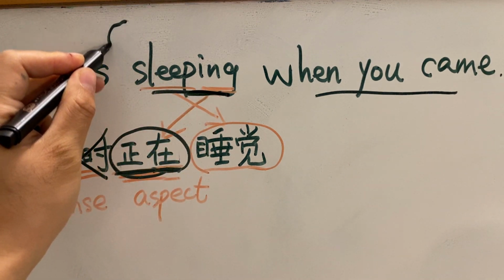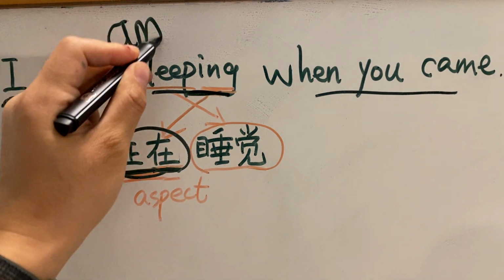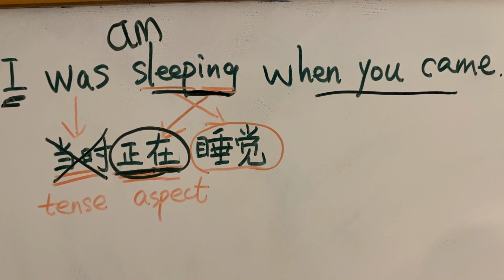If you want to add am, 我正在睡觉，你进来了, when you came. In Chinese, I already told you before, we imply meanings. Chinese does not have a very strict grammar form or grammar structure.